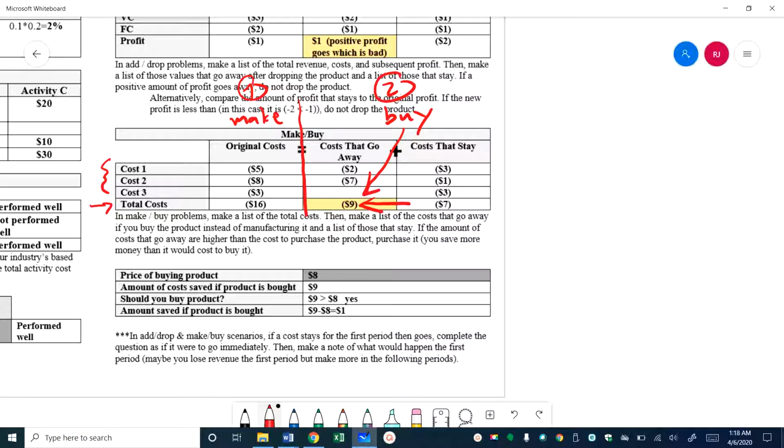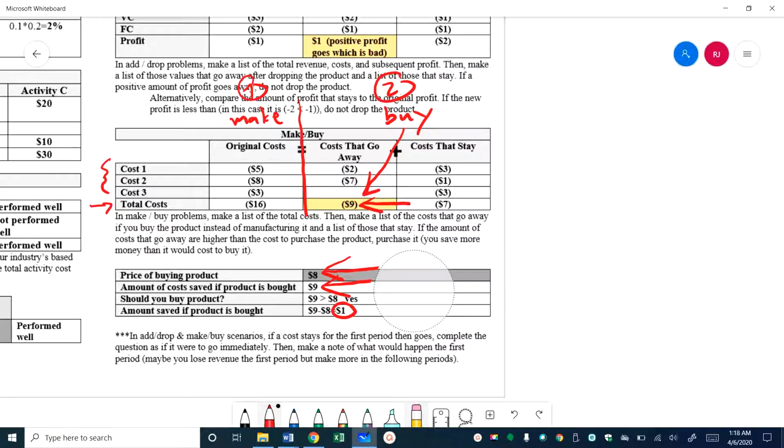So what we're going to do then is compare it to the price of actually buying it. So we know that $9 in cost will go away if we buy it, and they'll give us that the price of the product is $8. So if you're getting rid of $9 in costs, or otherwise, if you're saving $9 and you're buying it for $8, because you're saving $9, which is more than 8, then you're technically saving $1 per item.